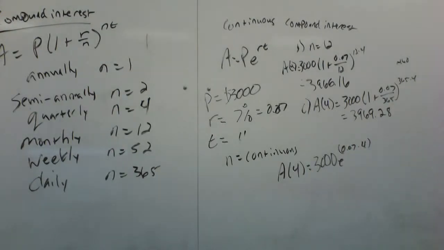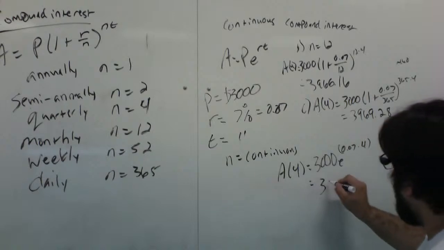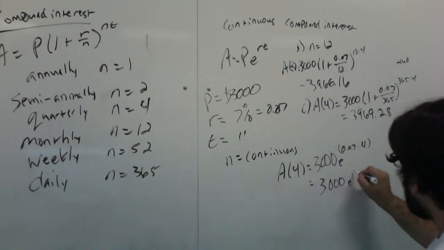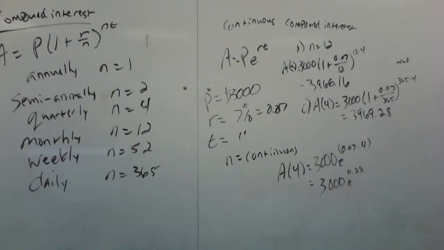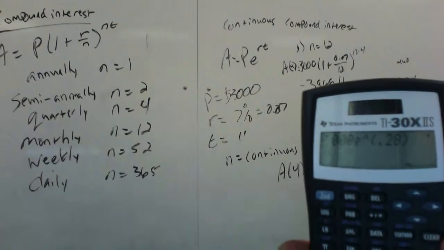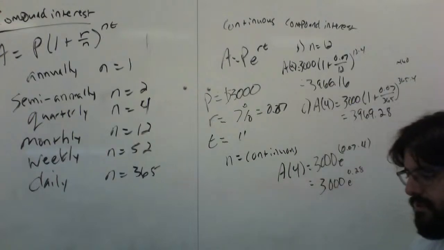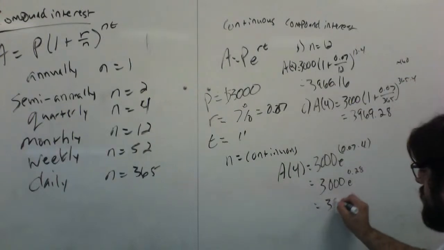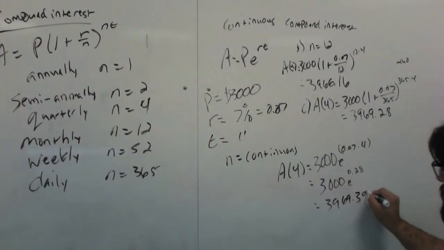So 0.07 times 4, that's 0.28. So I'm going to raise e to that exponent, 3,000 times e to the 0.28. And that's 3,969.30.